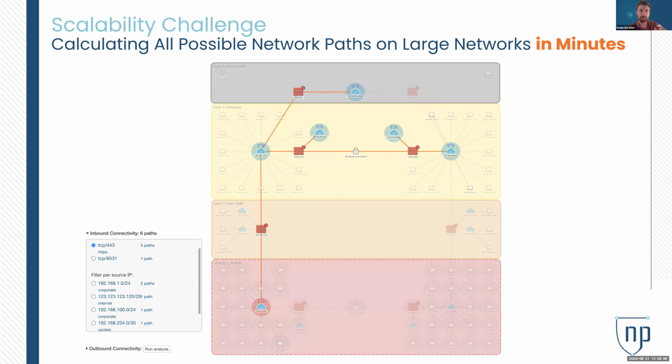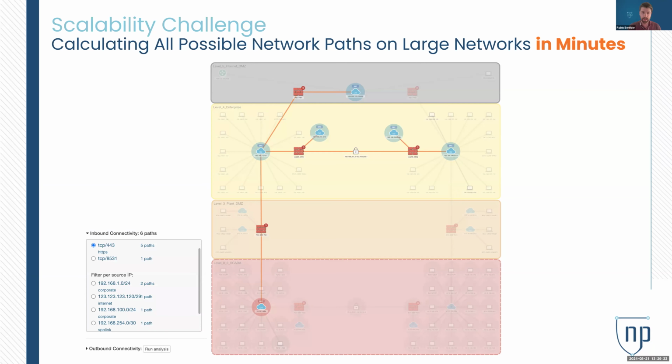We highlight in blue networks that are used as a source, and in red the one used as a destination. In this example, multiple source networks can cross firewalls and go all the way to that destination at the bottom of the screen, on a connection over TCP 443.